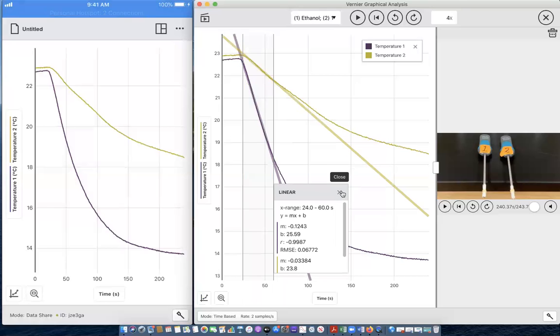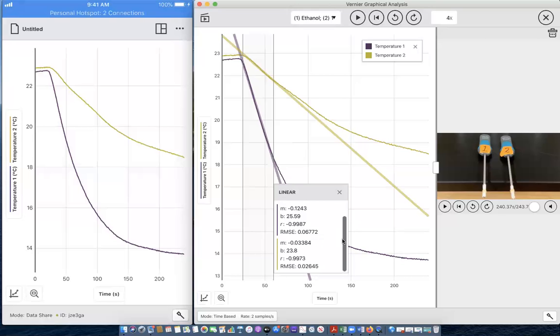What this is showing me is that the slope of the temperature 1, which was my ethanol, is an M value in the Y equals mx plus b of negative 0.12. I can carry that further, but sig figs, that's good enough. So it went down by 0.12 degrees per second is what that comes out to be, because it was delta Celsius temperature versus the time.